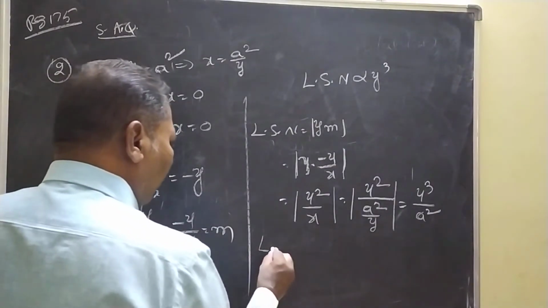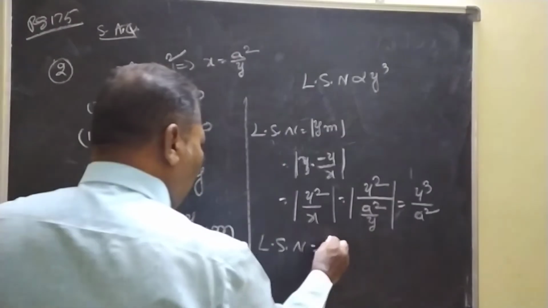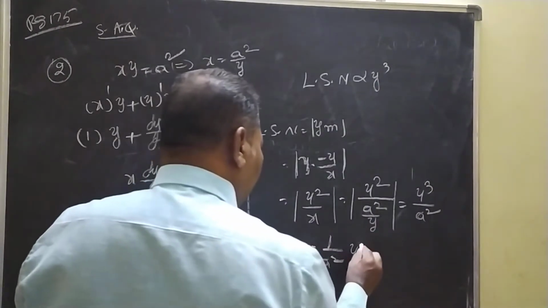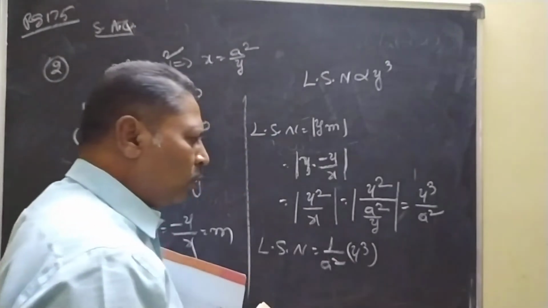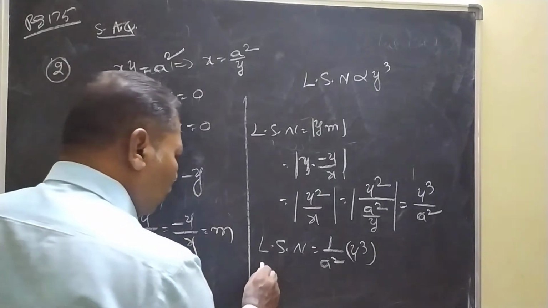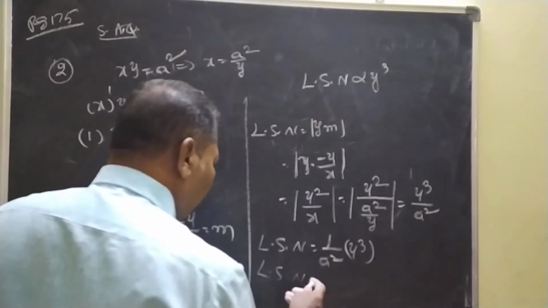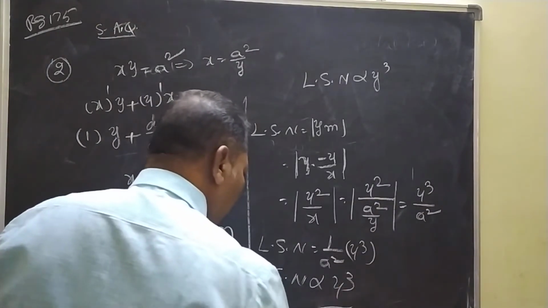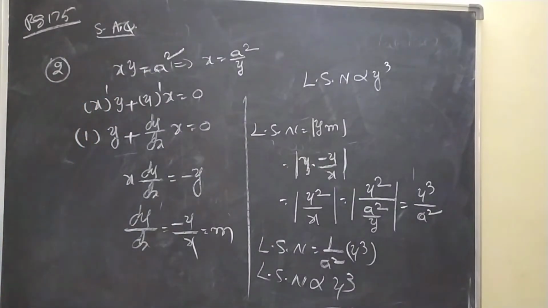Therefore, length of subnormal equal to 1 by a square into y cube. So this is a constant. So subnormal varies proportional to y cube.